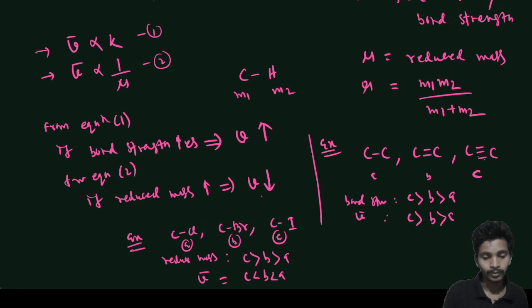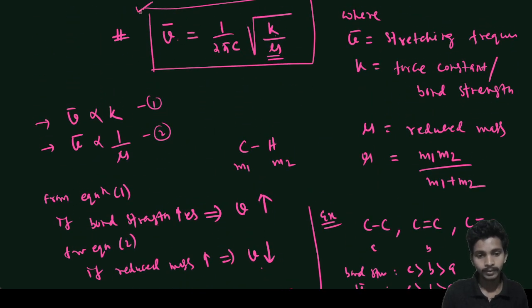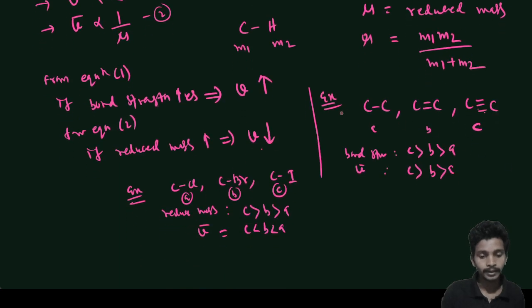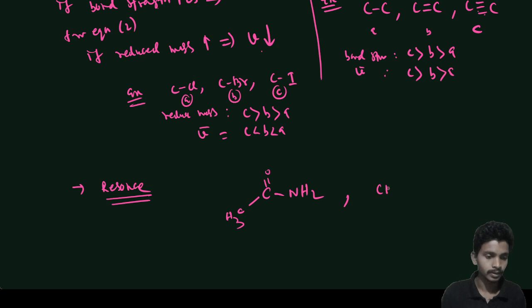So these things we have to remember from this formula. Another thing is that if resonance is there, let's say a group like CO and H2, let's say H3C is there, another is let's say CH3 CO H is there.